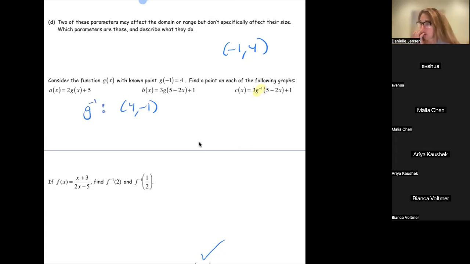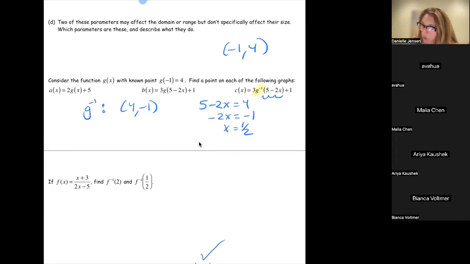Now let's deal with where the point goes. The inside is my domain effector, so I'm going to set that equal to the x value I know, 4, to figure out what I'm putting in for x so that I'm evaluating G inverse of 4. That means I'm going to subtract 5, so -1, and divide by -2.